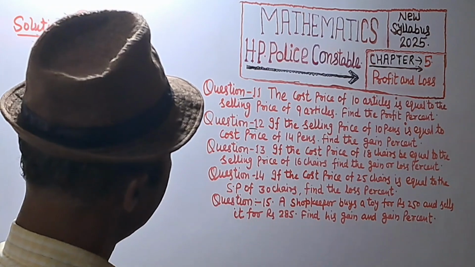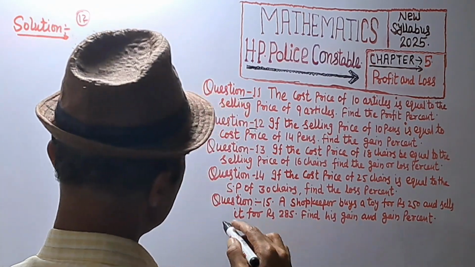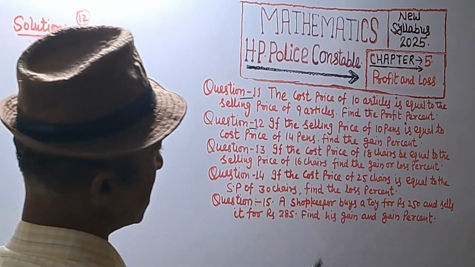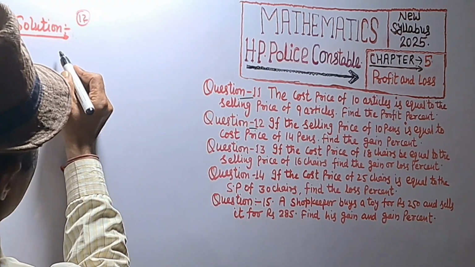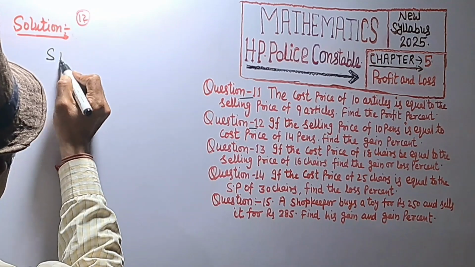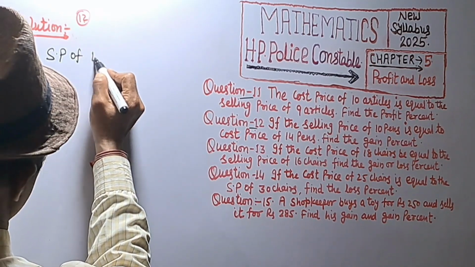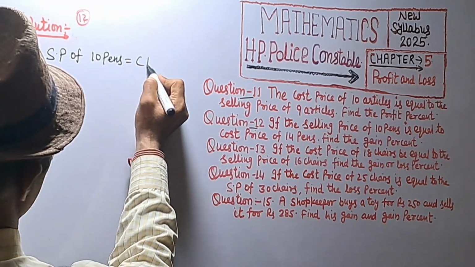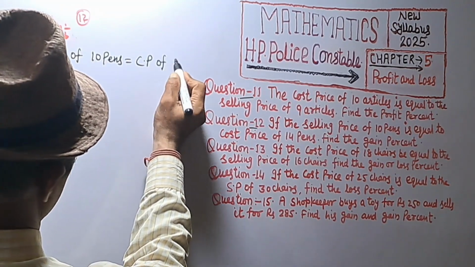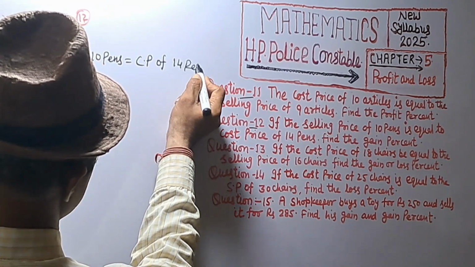Question number 12. If the selling price of 10 pence is equal to the cost price of 14 pence, find the gain percent. Same question. Selling price of 10 pence equal to cost price of 14 pence.